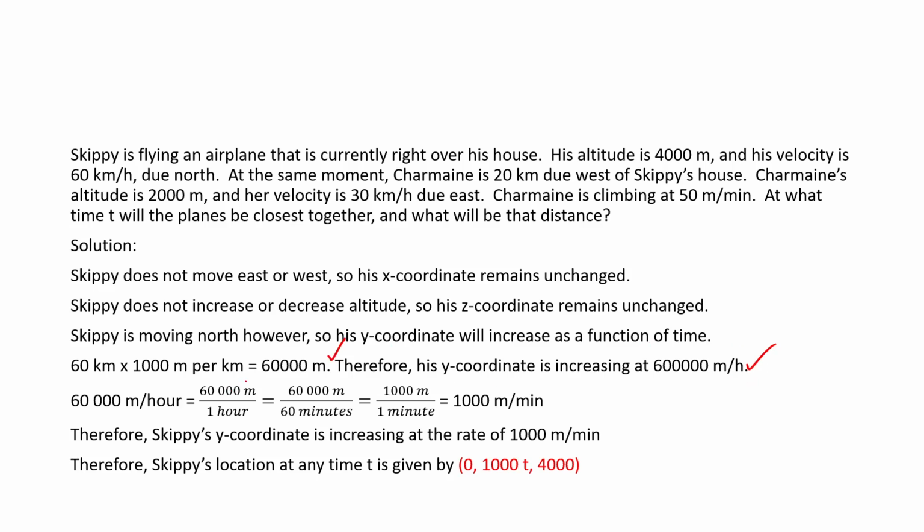Now, we don't want to measure in terms of hours if we've agreed previously to measure in terms of minutes. So we're going to convert 60,000 meters per hour to 1,000 meters per minute. And so Skippy's y-coordinate will be increasing at that rate. And so we're going to be able to say that Skippy's position at any time t will be 0, 1,000t, 4,000.